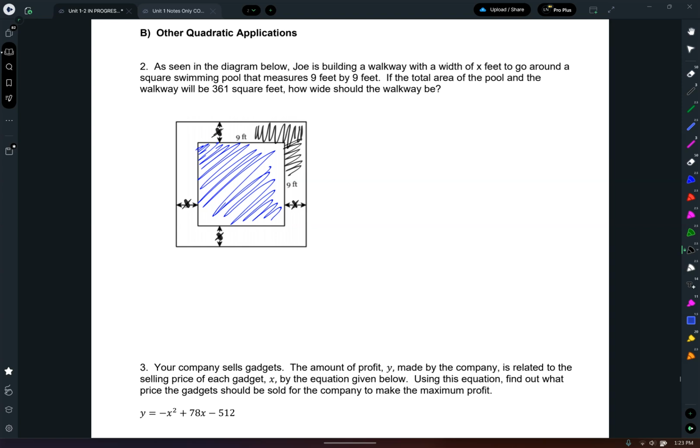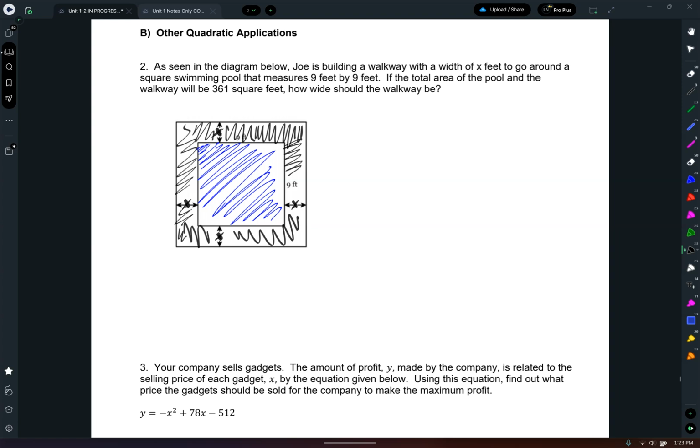Okay? It says if the total area of the pool and the walkway, so the blue and the black part all the way around the outside, if the total area is 361, how wide should the walkway be?